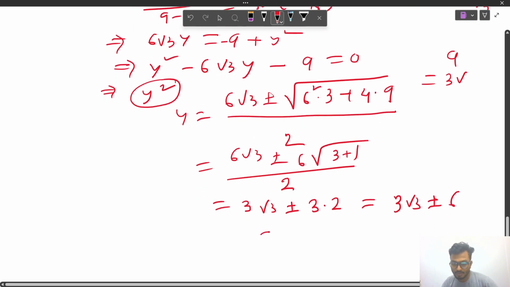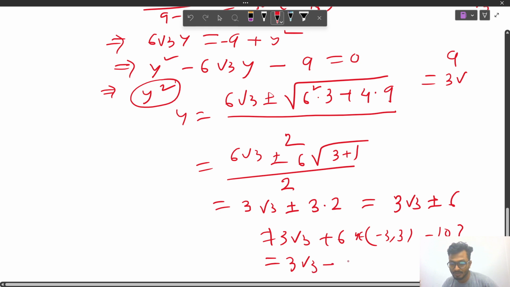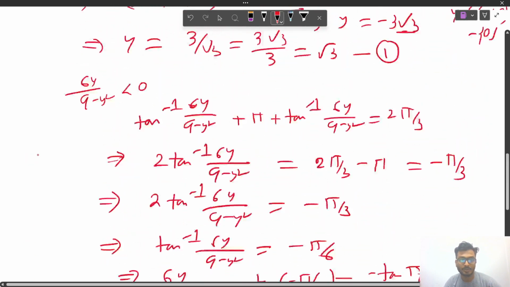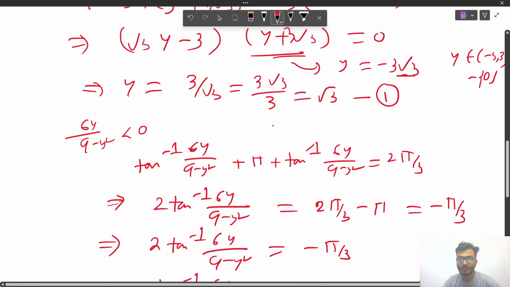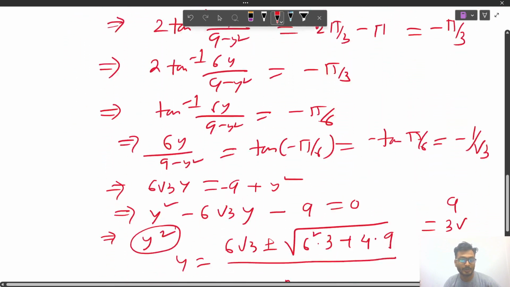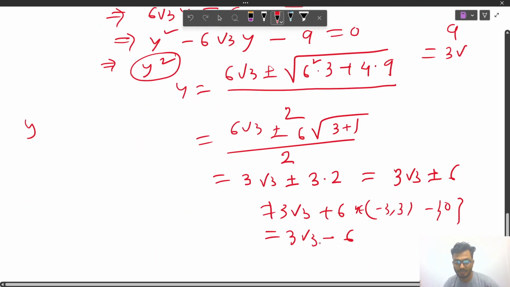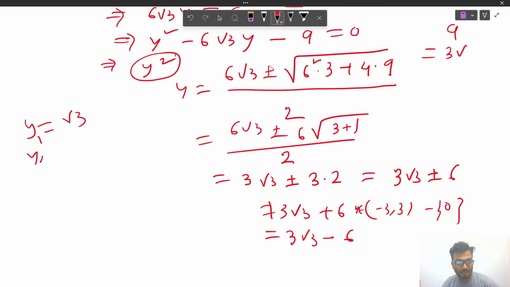Now 3 root 3 plus 6 is not possible, because y belongs to (-3, 3) minus {0}. So the possible value will be 3 root 3 minus 6. Our one root was root 3 from the first case, and the other is 3 root 3 minus 6.